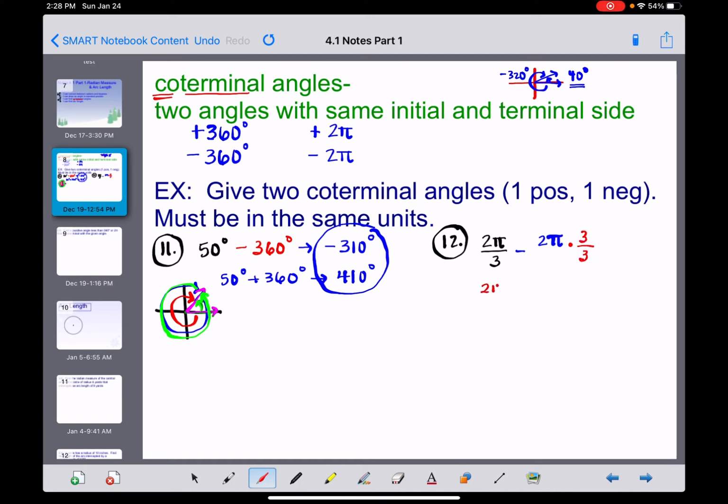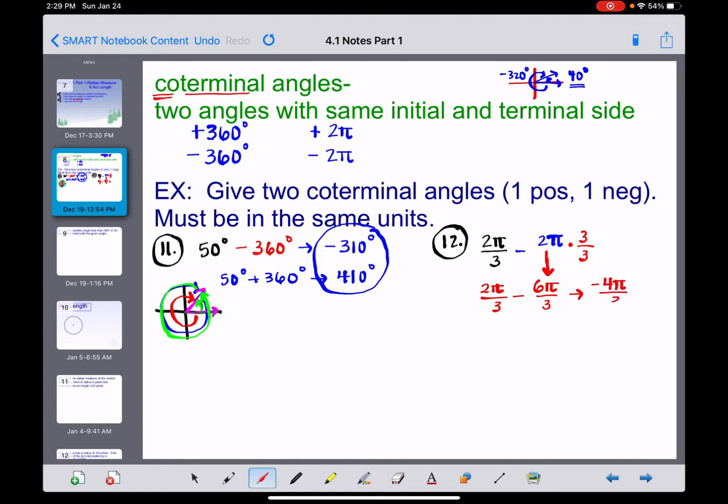So this would be 2 pi over 3 minus 2 pi times 3, which is 6 pi over 3. Think about it, guys. 6 pi divided by 3 is 2 pi. Okay, they're equivalent. So then when I do 2 pi over 3 minus 6 pi over 3, 2 pi minus 6 pi is negative 4 pi.